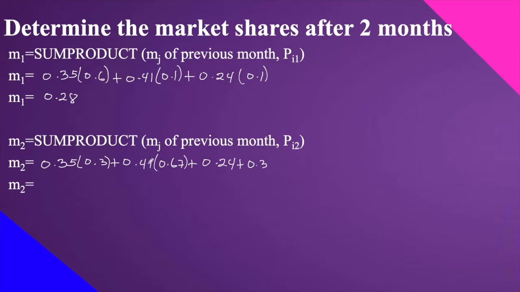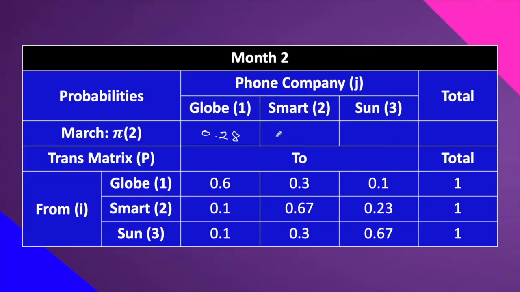Upon computation, this is equivalent to 0.45. Meaning to say, we have 0.45 market share for Smart after 2 months. Okay? So, let's write it here, 0.45. This is for Smart. Okay?